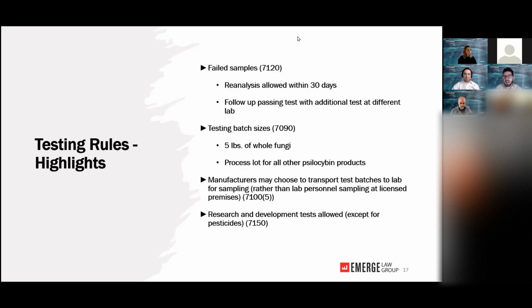Also, just like cannabis, research and development tests would be allowed, in which case you would not have to destroy your product in the event of a negative test. But that applies to all testing except for pesticides, because under Oregon law and Oregon Department of Agriculture regulations, you must destroy a crop that tests positive for pesticides.